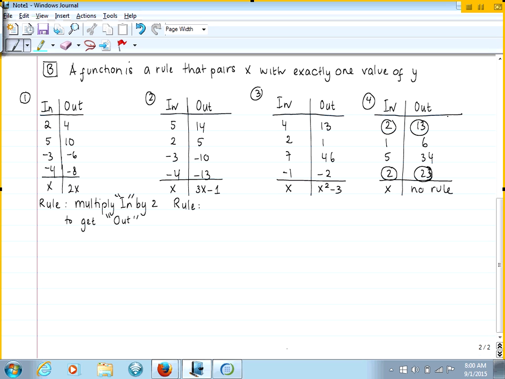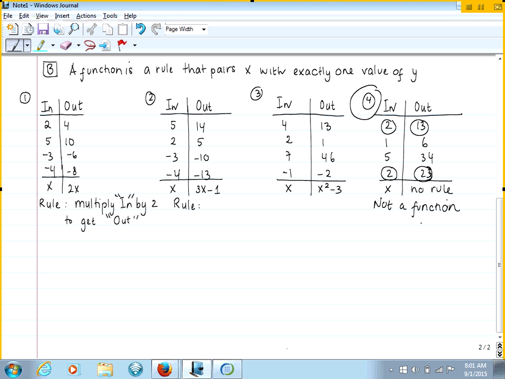You cannot assign a rule here, so whatever you do for number 4, there is not going to be any rule. So this is not a function. It's not possible to assign any rule, okay? Because you're being inconsistent. Does that make sense? The definition of function.